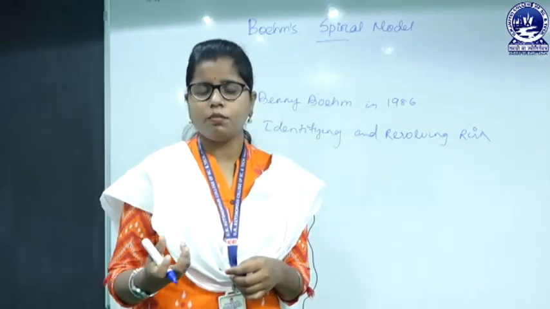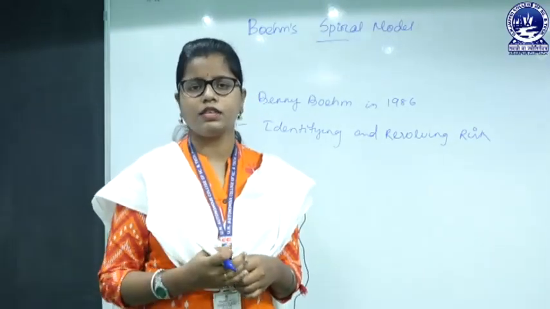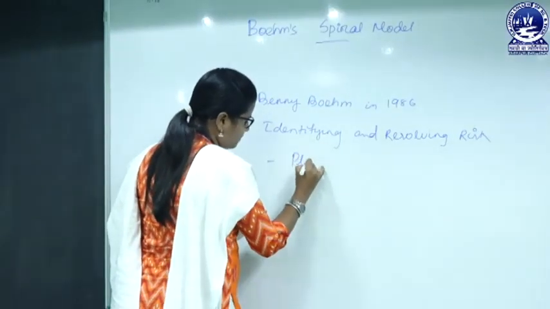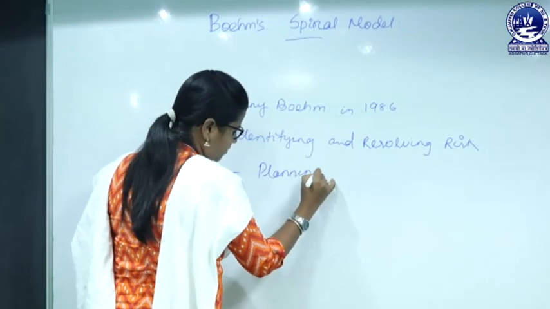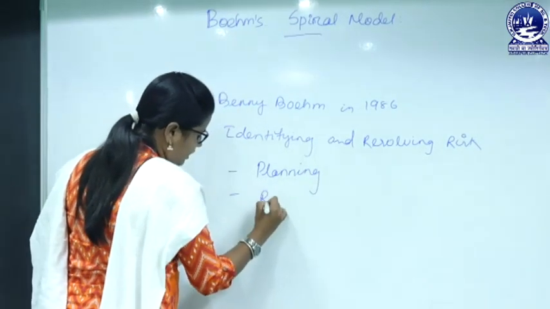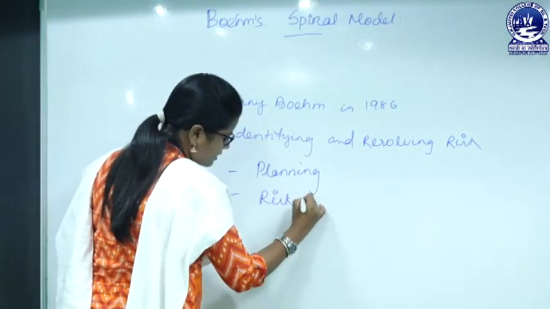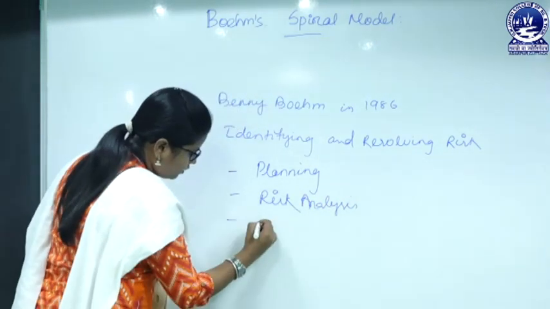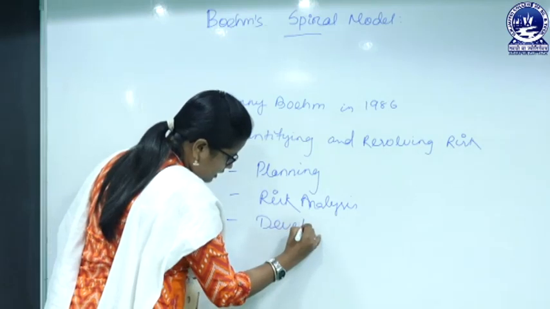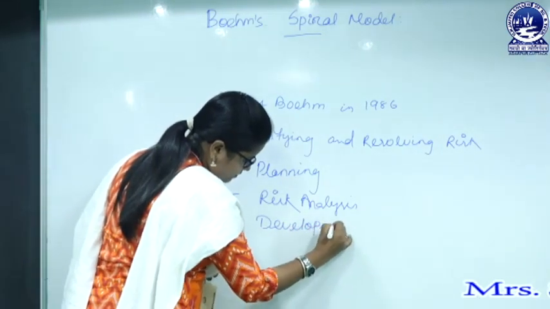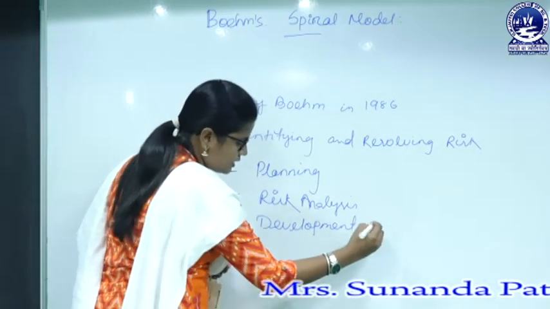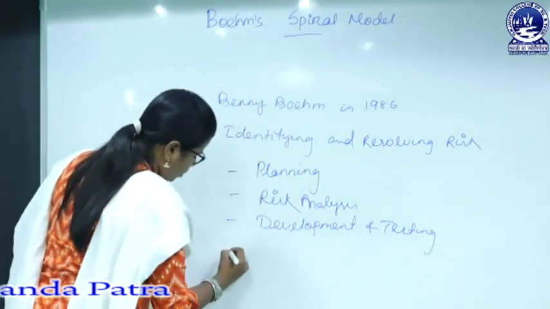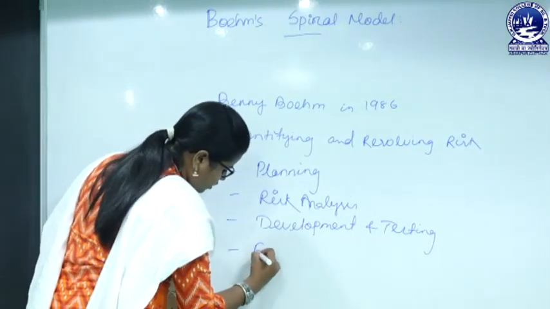Actually, in the spiral model there are four main phases. The first one is planning, the second one is risk analysis, the third one is development and testing, and the fourth one is evaluation.